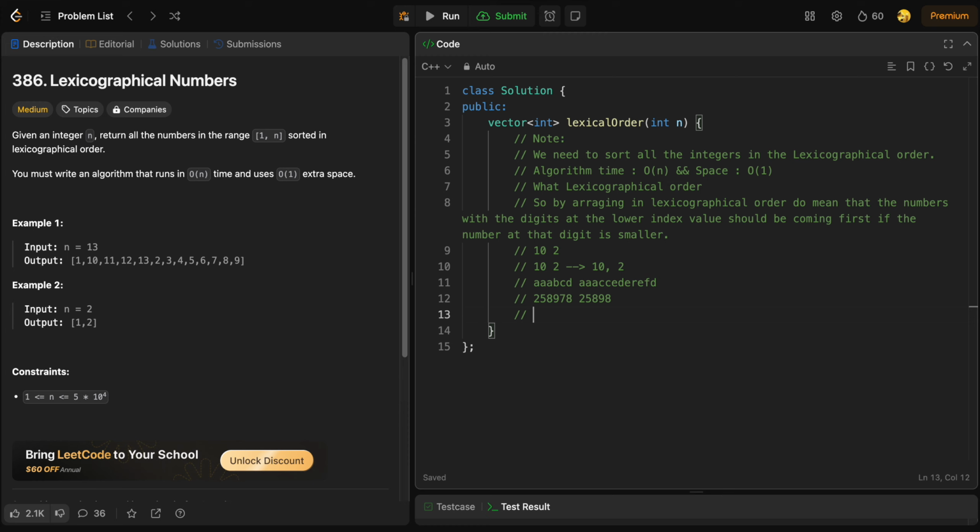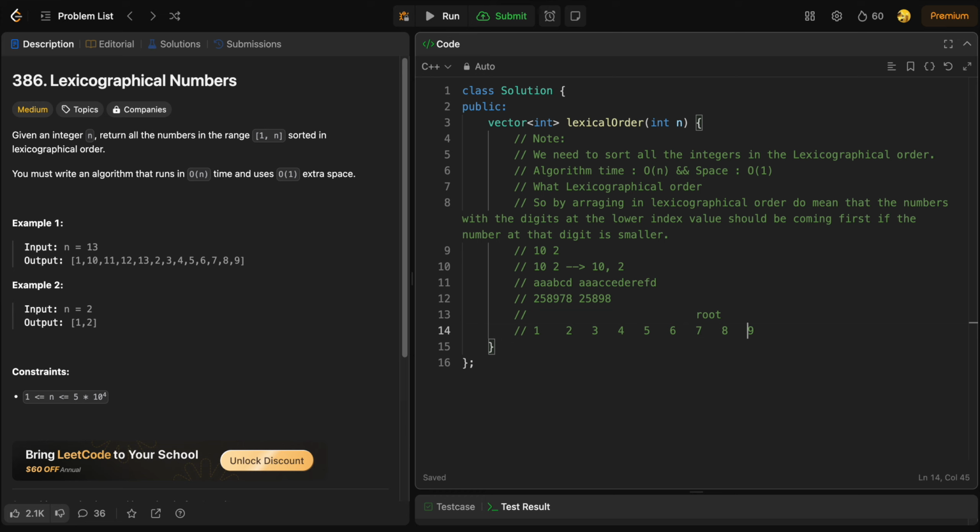I'll try to explain how this works. Let me call this the root. All the possible digits are 1, 2, 3, 4, 5, 6, 7, 8, 9, in a number from 1 to 10.